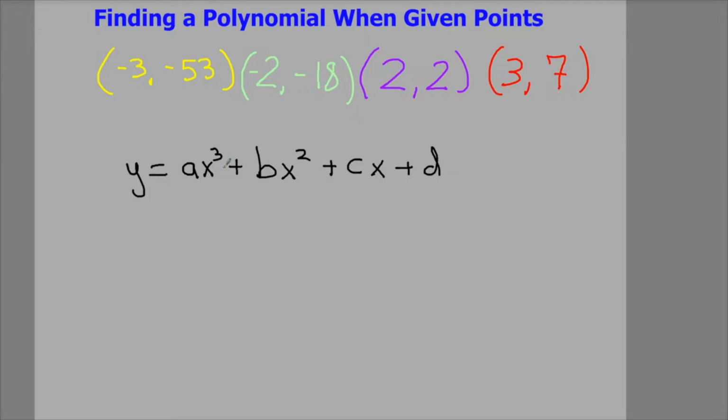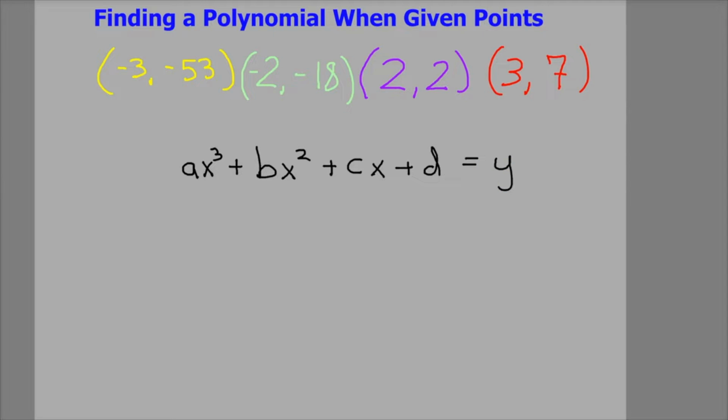Where we go from this is I'm going to make what would be rows, essentially, in a matrix by plugging in these values to the equation. So for the yellow one, I'm going to move the y equals to the other side, just so it sets up the way it's supposed to when I turn it into a matrix. So this would be equals y.